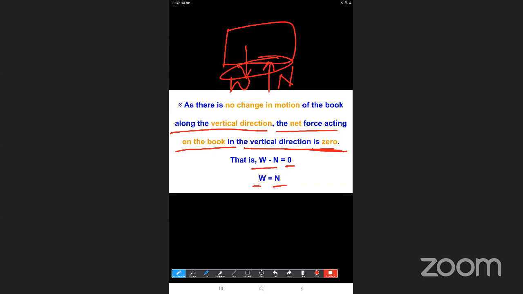Here gravitational force and normal force are equal on the book, so that's why the book is at rest. You can see that net force equals 0.